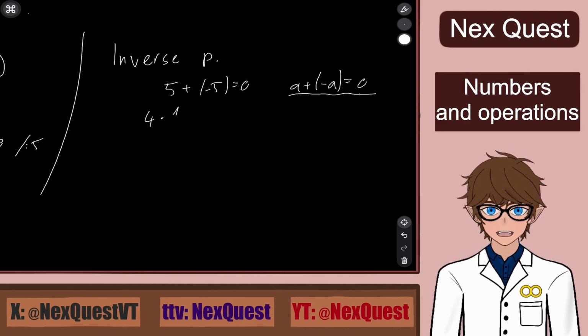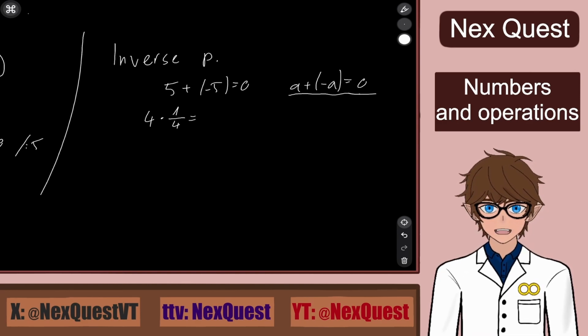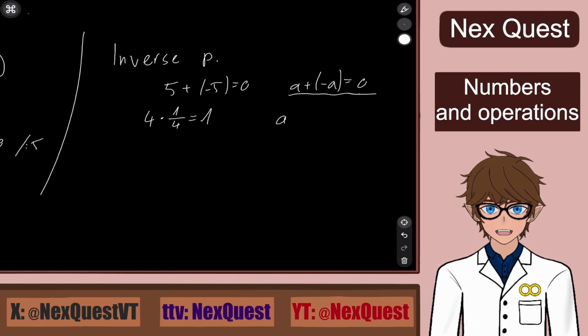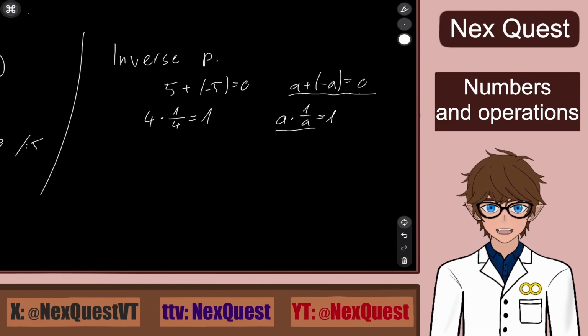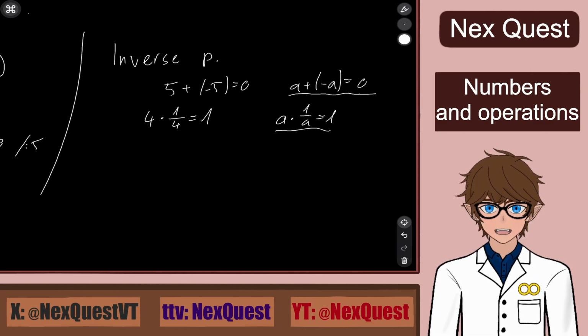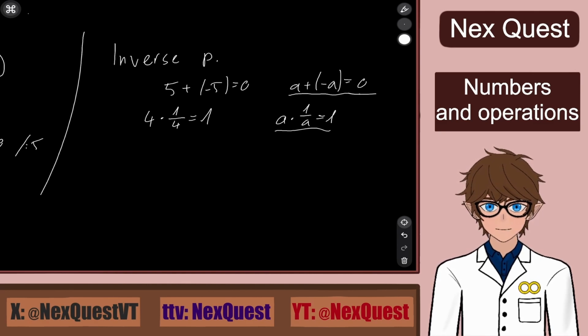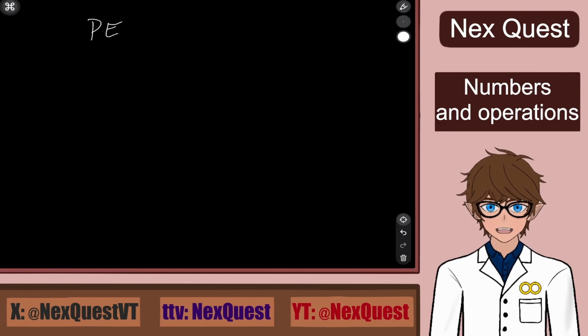And for multiplication, the reciprocal version, I think that I said that correctly, is basically the same number like 4, but a fraction where 4 is under the division line. And that will always result in 1. So a times 1 over a is 1. And that is the last of the properties, which means we can move on to the order of operations.